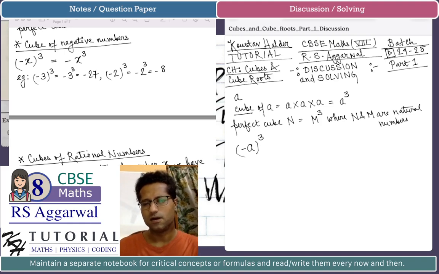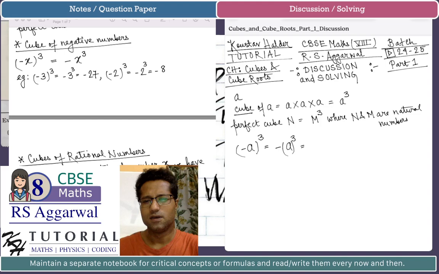So what is the cube of minus a? The cube of a negative number is always a negative number. This is equal to the negative of the cube of the number a. You can write it like this, or you can ignore the parenthesis and write simply negative of a cubed. The cube of minus a is equal to negative of a cubed.